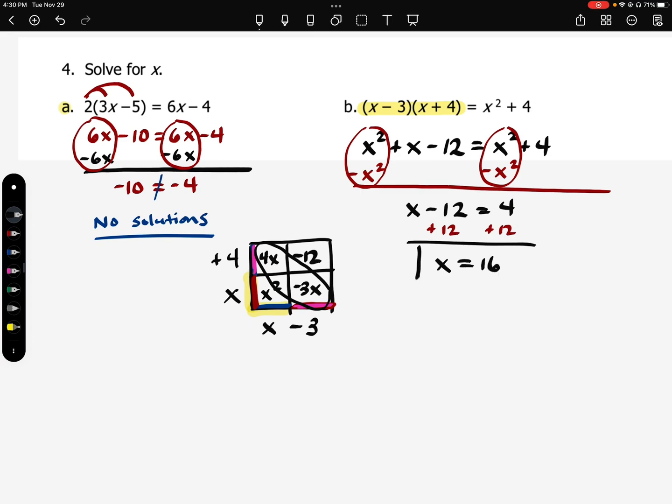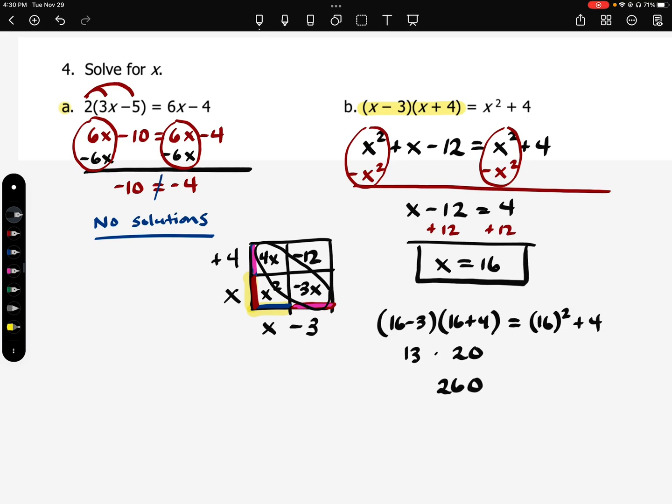Okay, so right now that's looking like it's going to be the answer. Let's plug it in and check. 16 minus 3 times 16 plus 4 should equal 16 squared plus 4. Well, this is going to give us 13 times 20, which is going to be 260.